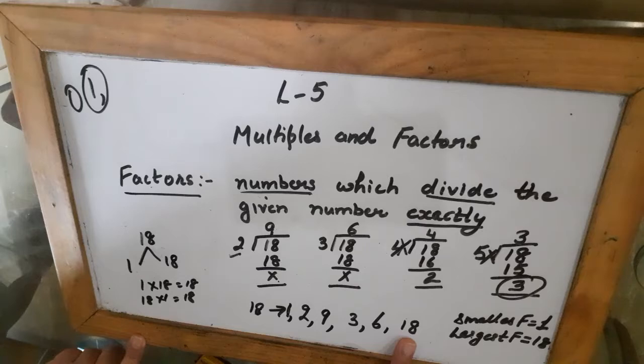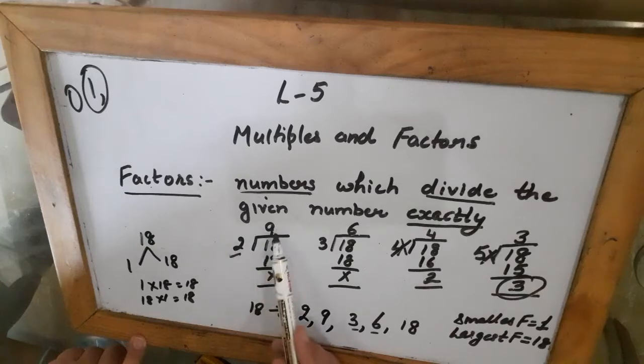So what I have understood from this is that the factors of a number are those numbers which divide the given number exactly. Like 2 and 9 divide 18 exactly, so these are the factors of 18. Now 3 sixes are 18 and 6 threes are 18, so both these are factors of 18, while 4 and 5 cannot divide 18 exactly, so these are not factors of 18.